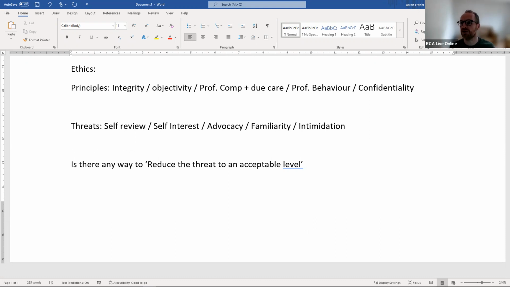Make sure you're hitting all of those, and identify that if you're taking on more work, that may increase your fees from that client and may impact on this. You may not be able to take on that work. Look, you need to know the principles, you need to know the threats, and you need to be able to apply safeguards so that if these threats come up, you've got a way to deal with them.